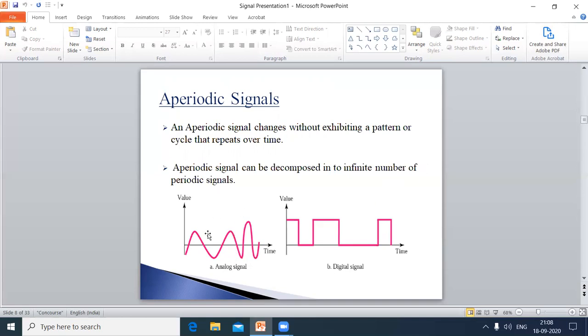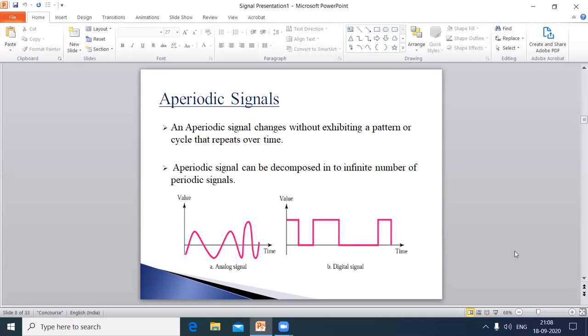Listen here, infinite, that means the size is variation, no pattern, no starting to ending point. That means infinite signals passed. Analog signal, same example, digital signal. Size is variation, 1 0 1 0 1 0 1 0, the space, and next.